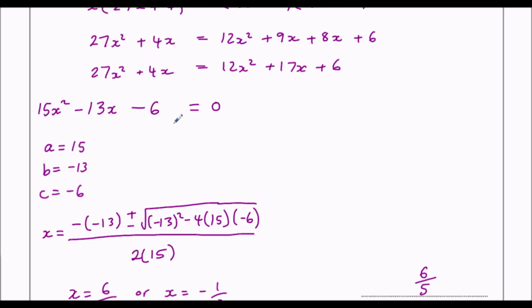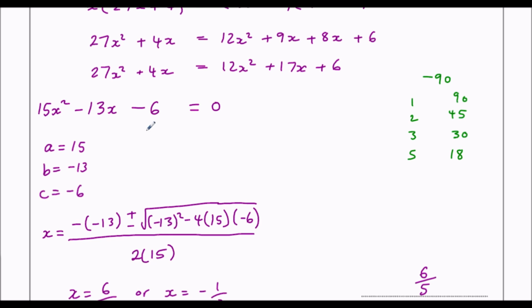I will show you that as well. So a times c, 15 times negative 6 gives me a negative 90. And then what multiplies to make 90 and adds to make 13? So 1 and 90, 2 and 45, 3 and 30. It's not in the 4 times table, because that would be 4 times 22.5. 5 and 18.